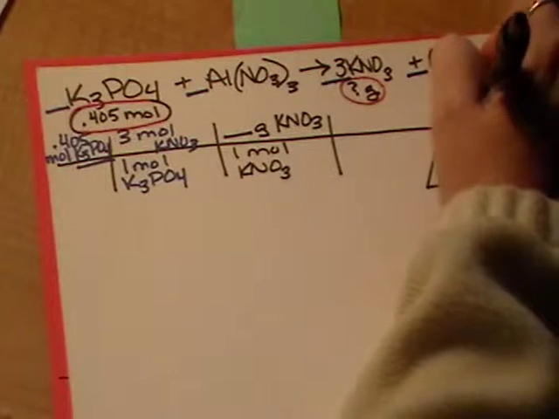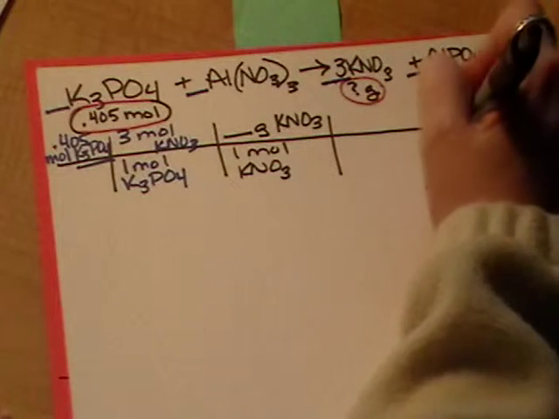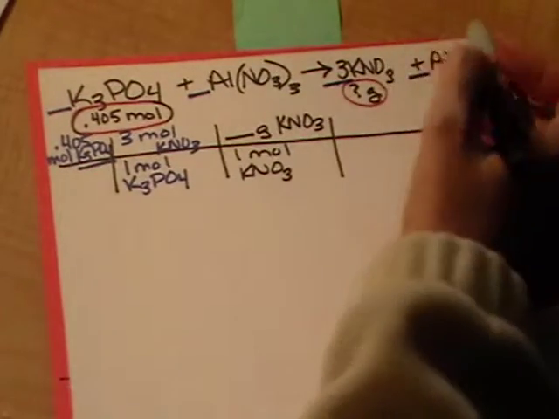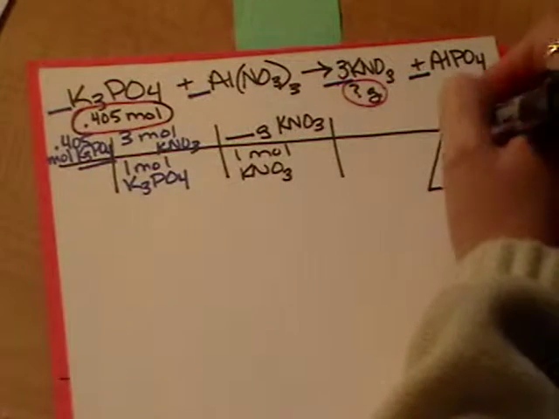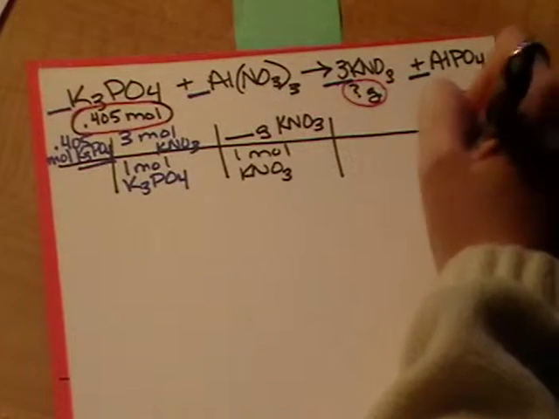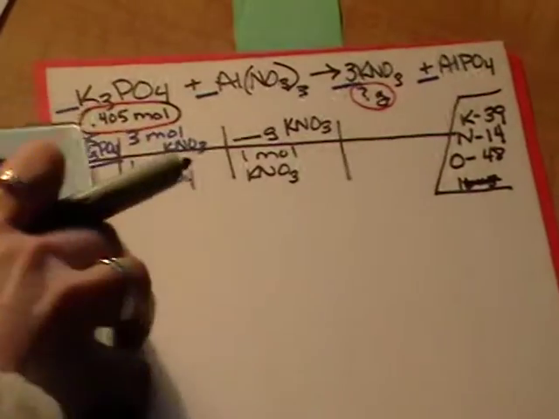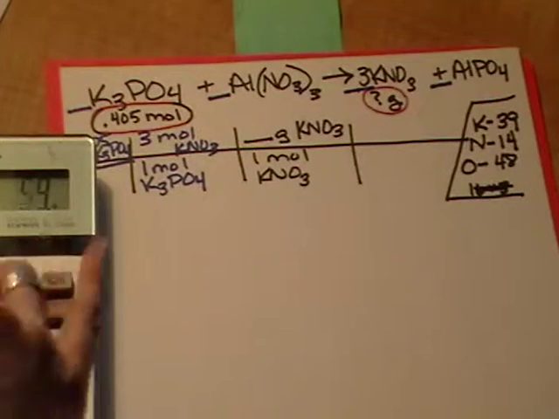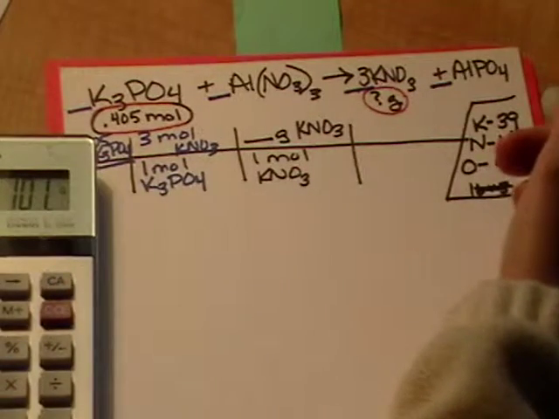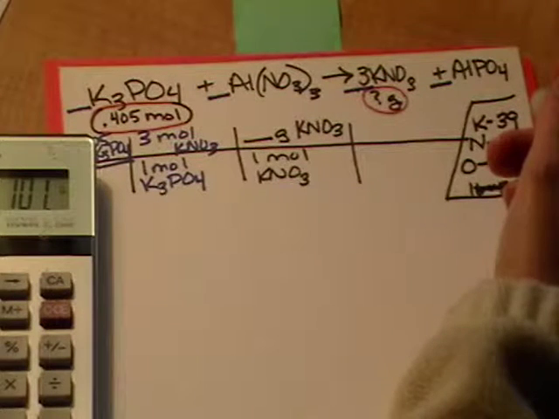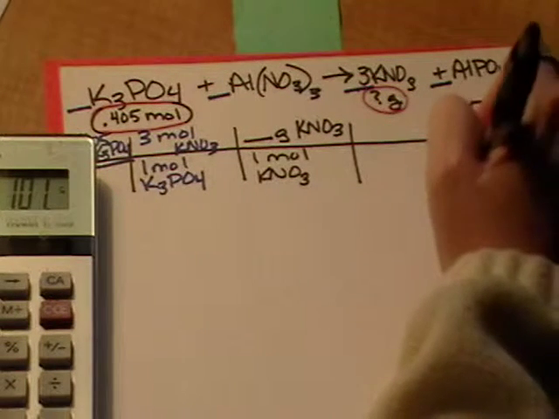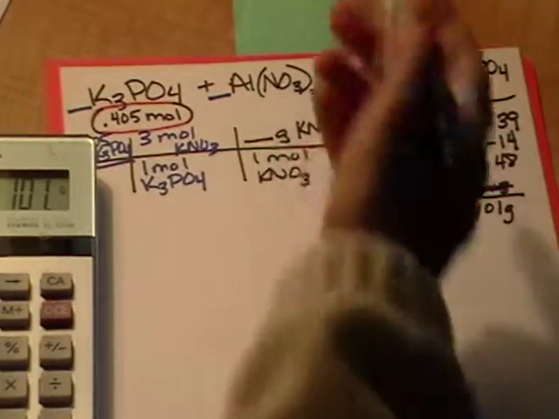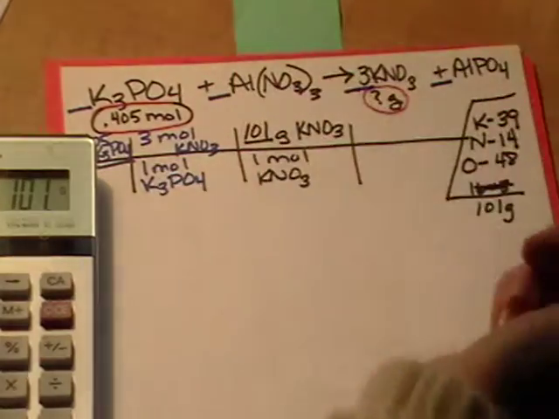Nitrogen, same place, is equal to 14, and oxygen is equal to 16 times 3, because there are 3 oxygens, which means it's going to equal 48. And when I total all of those up, I end up with 39 plus 14 plus 48, which equals 101. That means that the molar mass of potassium nitrate is 101 grams.